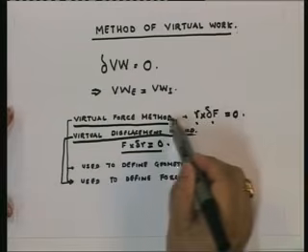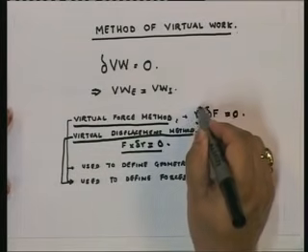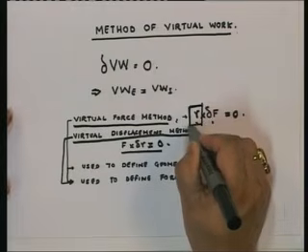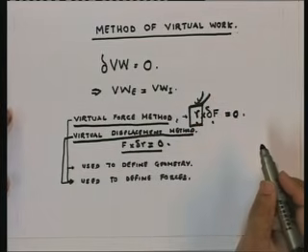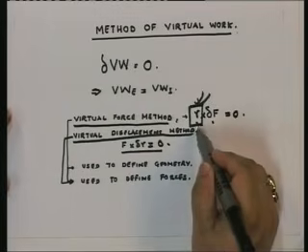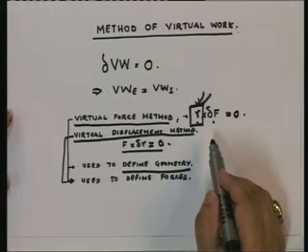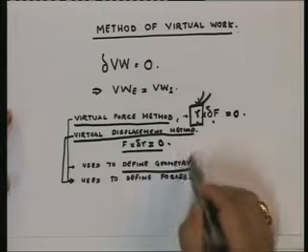If you look at this, what do we use the principle of virtual force method for? What we use it for is to actually find out displacements. This is what we are trying to find out. So, in other words, finding out displacements means we are trying to define geometry, the displaced geometry of the structure. But what do we do? We use the virtual force method.